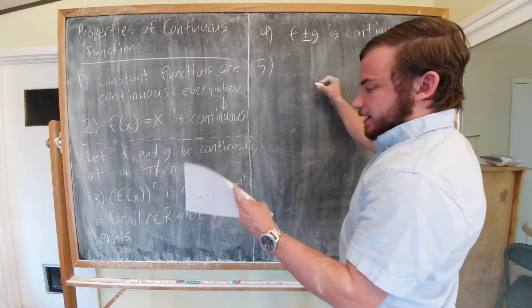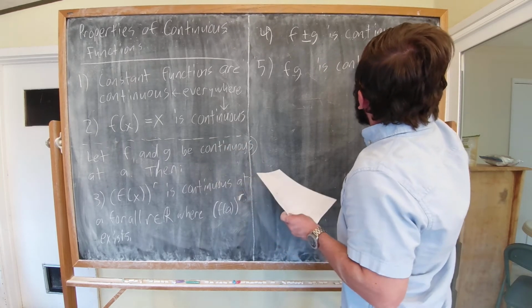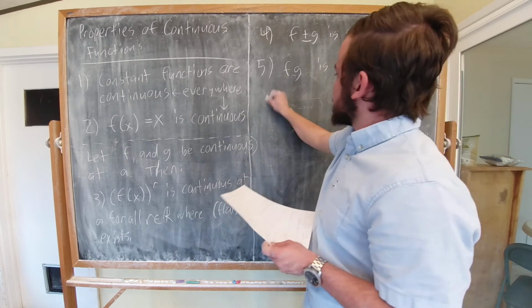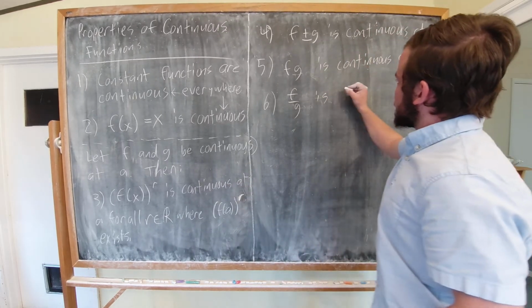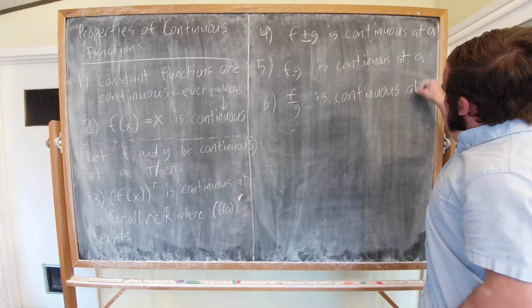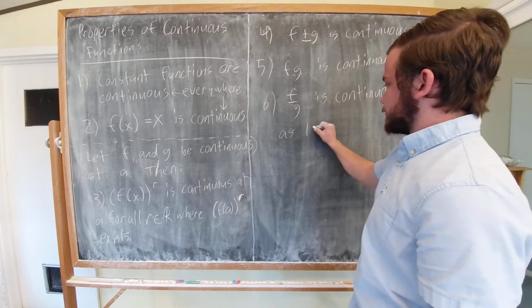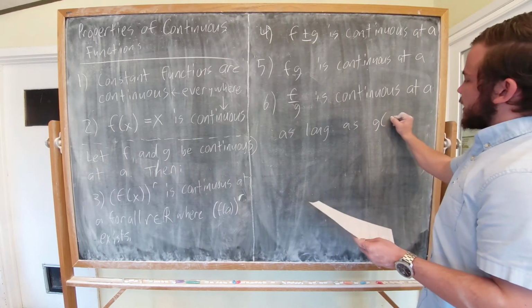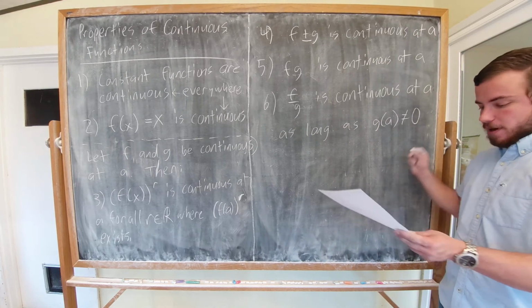Similarly, multiplying or dividing continuous functions is continuous, as long as g of a is not equal to 0, because then you would have a divide by 0 error.